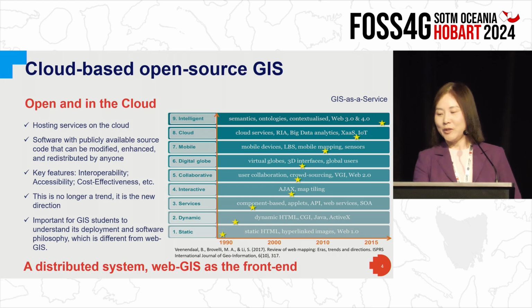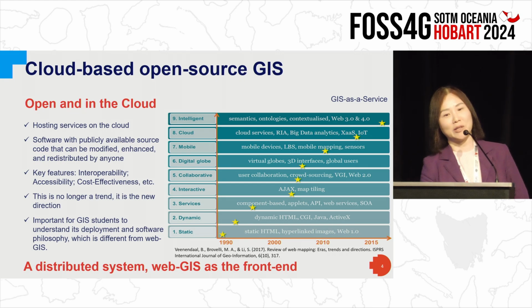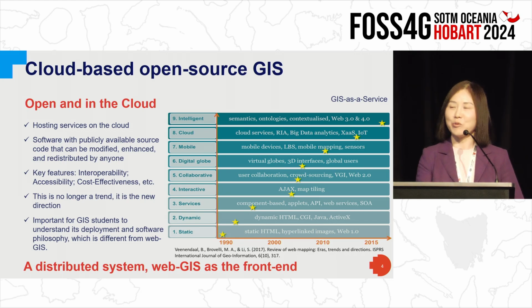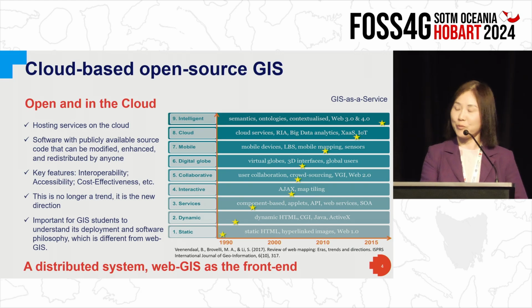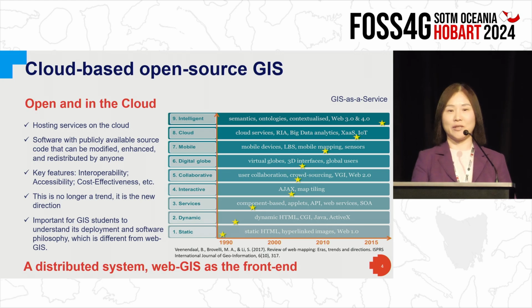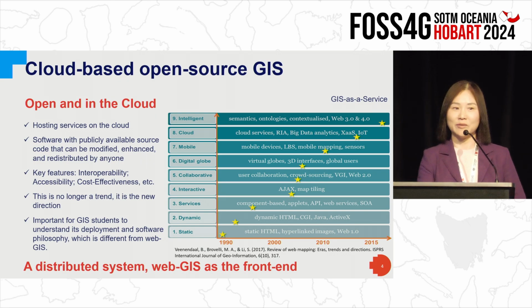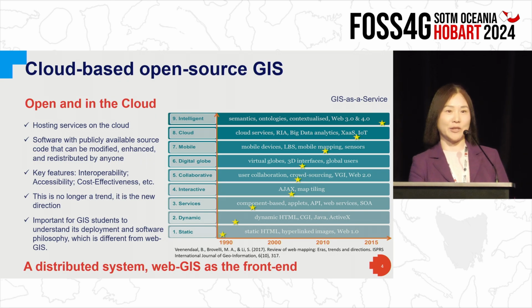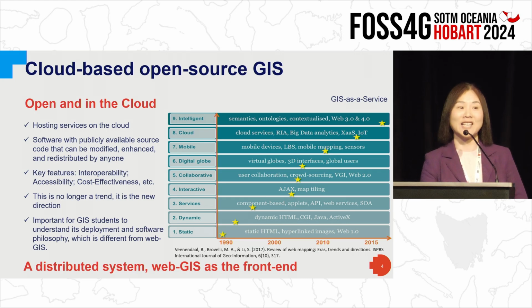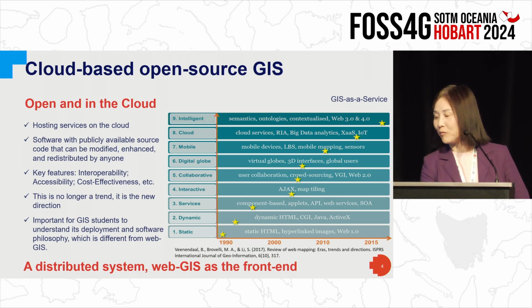Right, so when we talk about cloud-based GIS, the first thing I'm teaching my students is to think about the cloud. So we have the cloud computing services. Students learn what services we consider to be cloud computing, and how we can actually use these services in GIS, right? So that's the services on the cloud. When we talk about GIS as services, on the right of the slide, we talk about the last 30 years of development of web GIS, including cloud GIS.